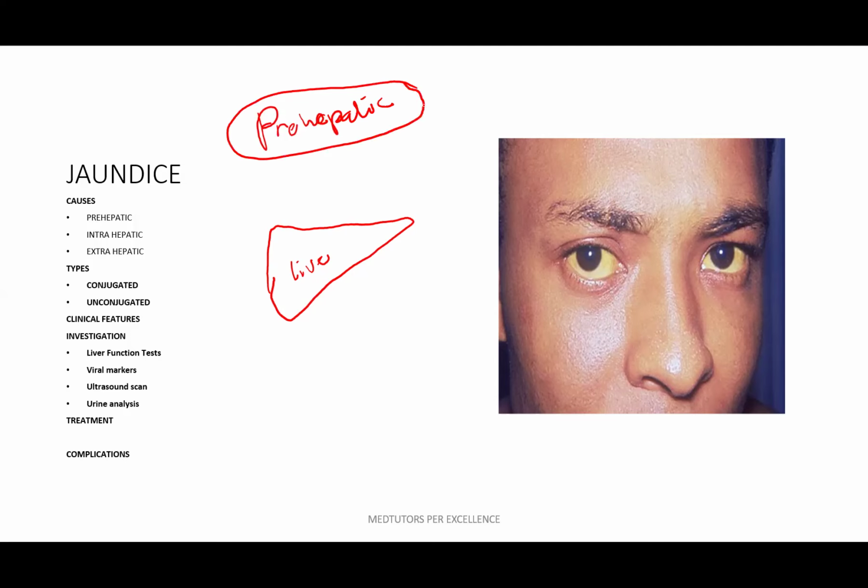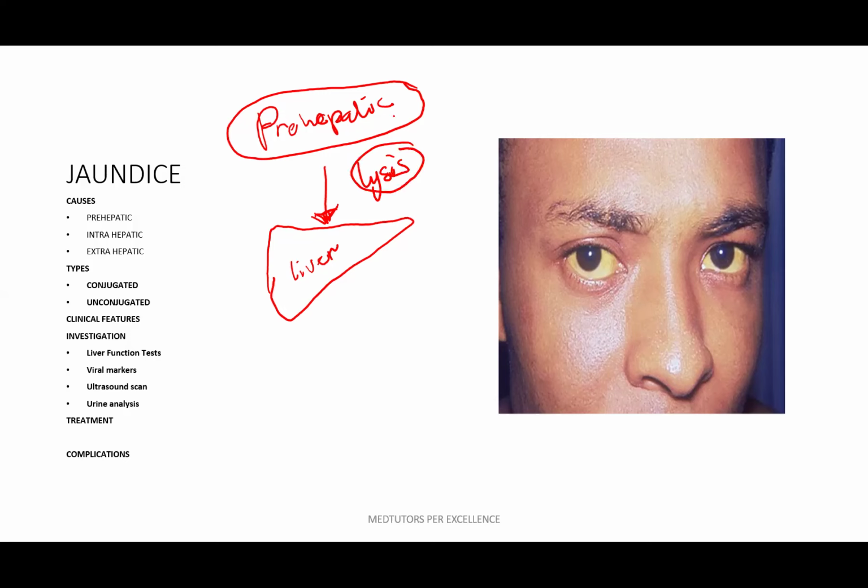Now, when you say prehepatic, before it gets to the liver, you have bilirubin liberated in the bloodstream. So the cause is before red blood cells enter the liver, you have lysis, especially in patients with hemoglobinopathies.